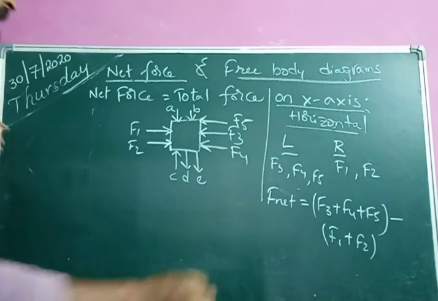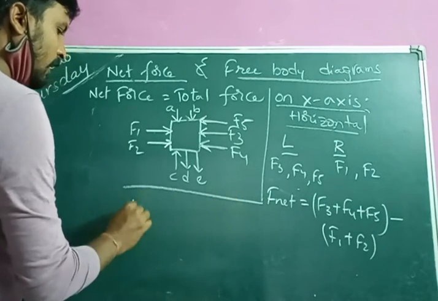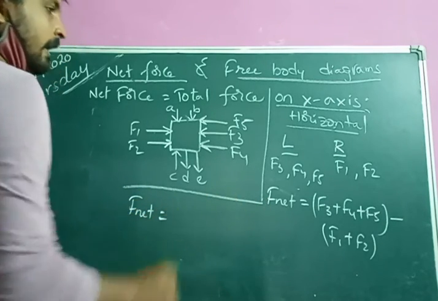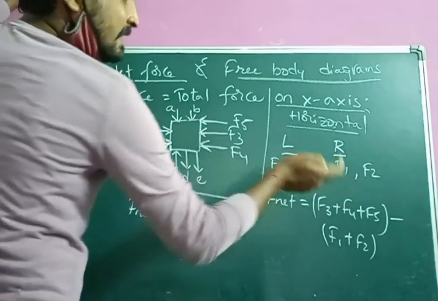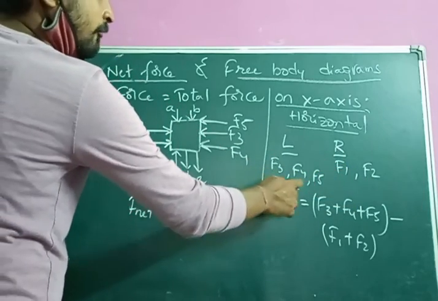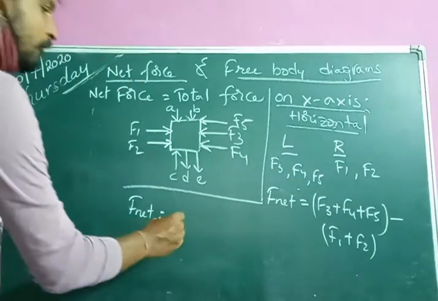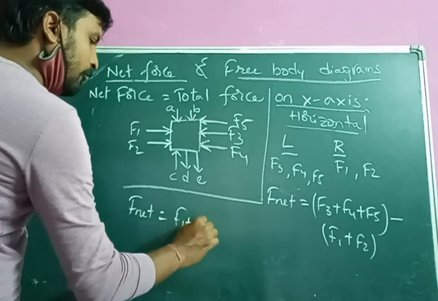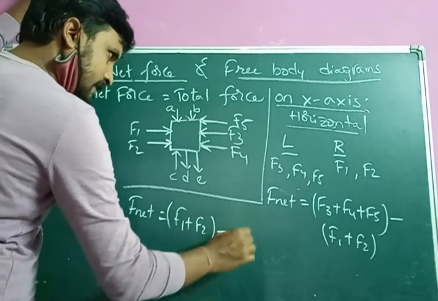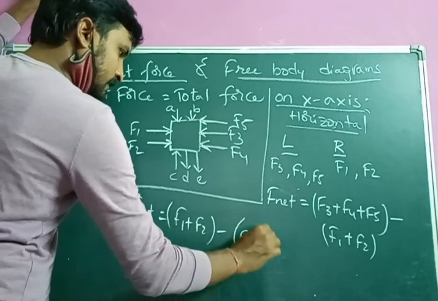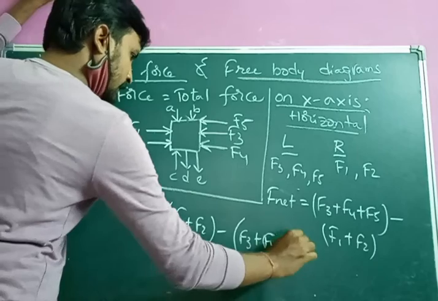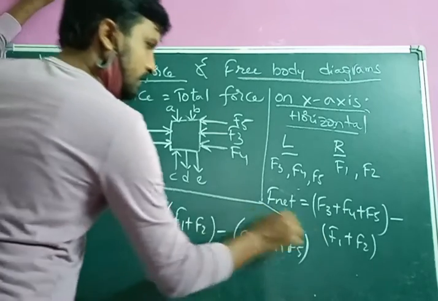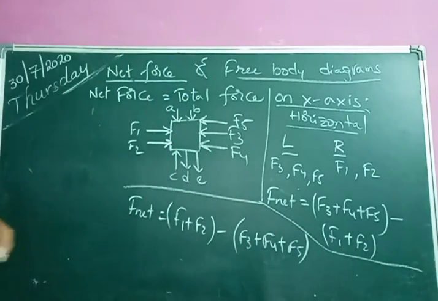But in the second case, if F1 plus F2 is greater than F3 plus F4 plus F5, then the net force is F1 plus F2 minus F3 plus F4 plus F5. These are the two cases.